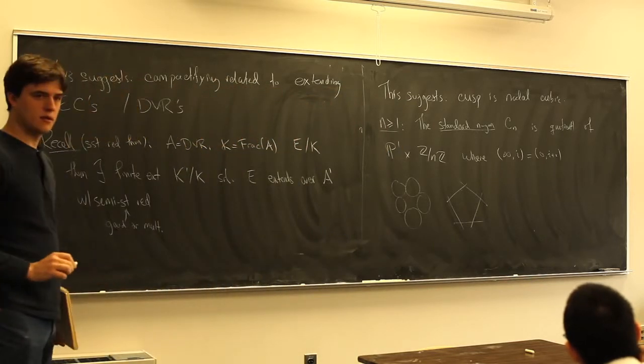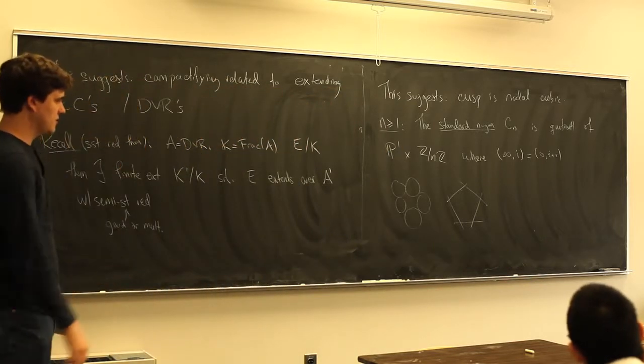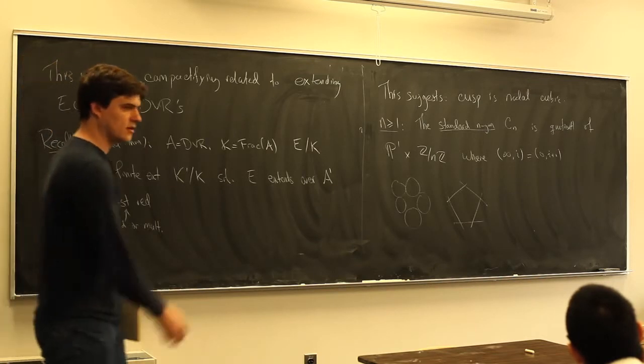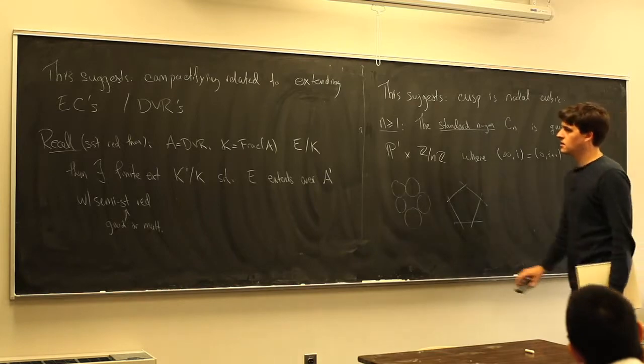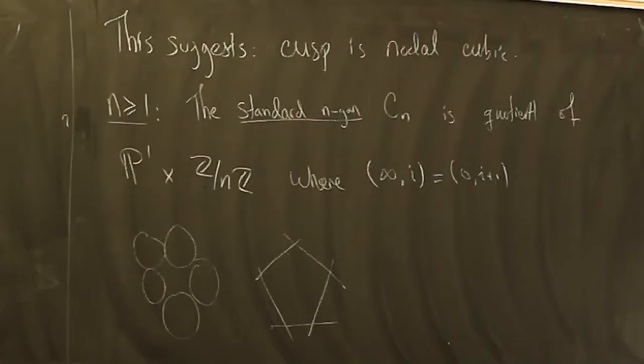So this is a nodal curve, and that's why it's called an n-gon, because if you draw it like this, then you actually get a polygon.